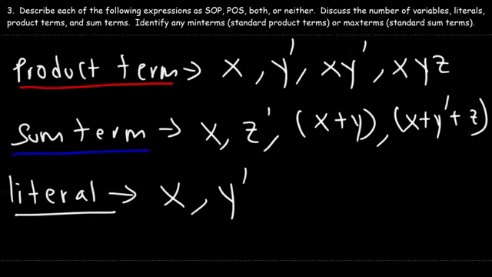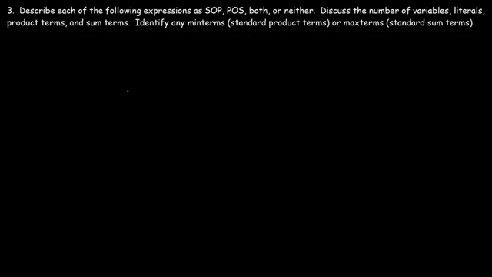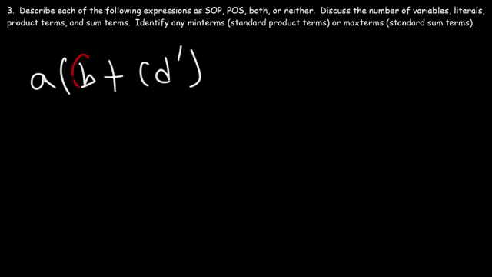Now let's consider one more expression. Let's say we have a multiplied to b plus c d prime. What type of expression do we have? Here we have a single term, like a literal, and this is a product term. And it looks like just a mixture of SOP and POS. It turns out that this expression is neither.